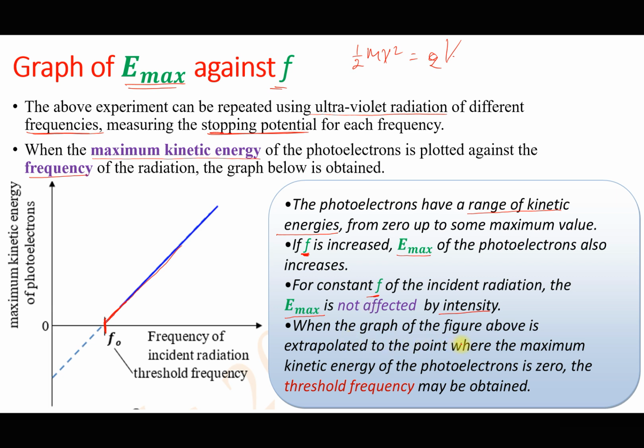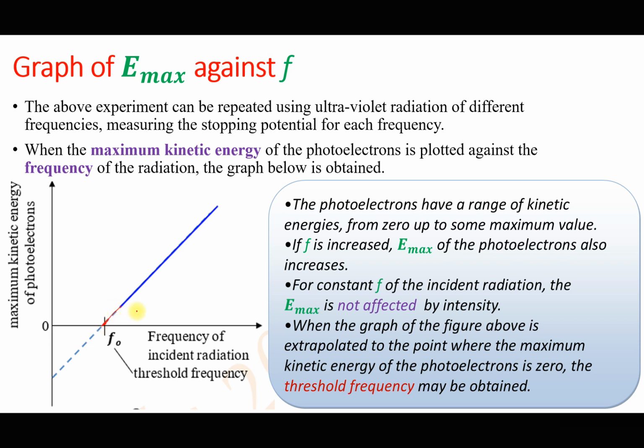So when the graph of the figure above is extrapolated to a point where the maximum kinetic energy of photoelectrons is 0, then the threshold frequency may be obtained. So many times we shall have graphs which will be hanging in space like that. And if we want to determine the frequency for which the maximum kinetic energy of electrons is 0, then we shall prolong this to the x-axis.